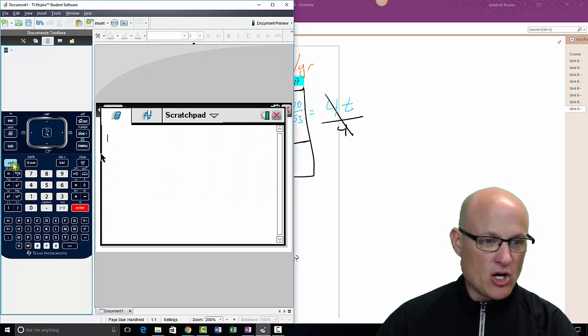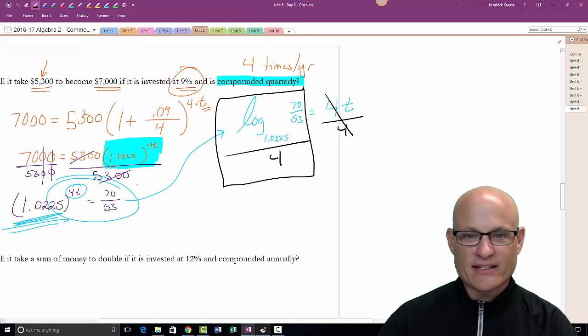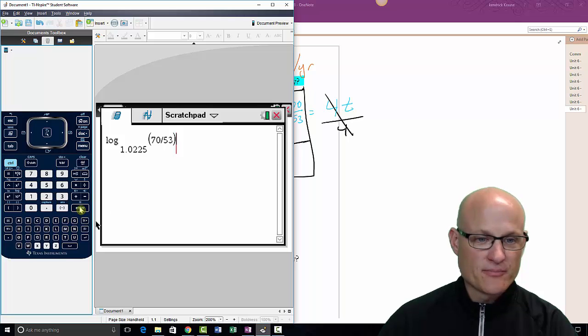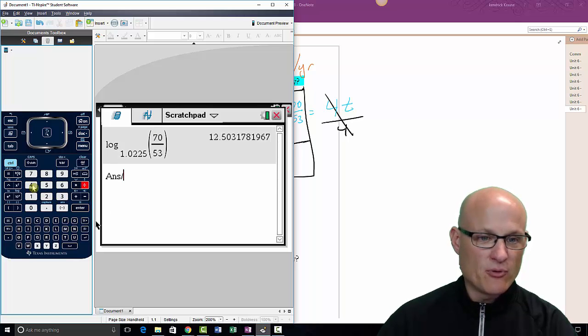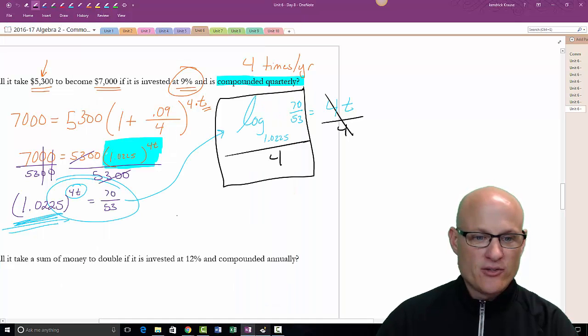And we're going to say the log base 1.0225 of 70 divided by 53. Oops, I forgot to divide by 4. So I'm going to hit enter and then choose divide by 4. So 3.1257.